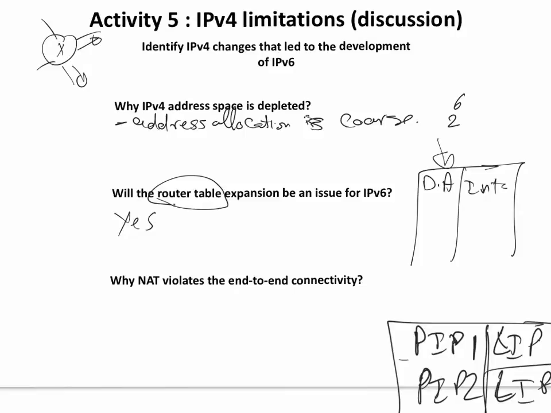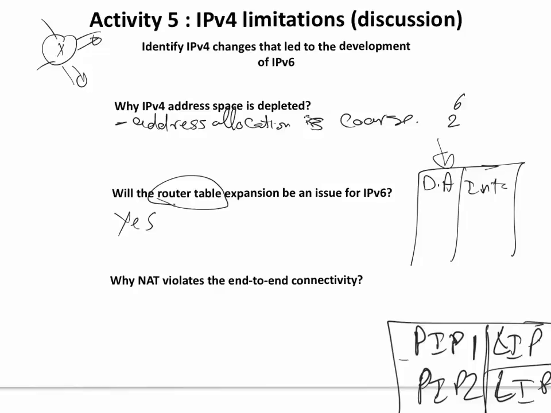So when the address domain grows very large, that doesn't necessarily mean that the number of networks will grow as large, right? What this typically means is that the number of hosts per network will be very dense. Okay?